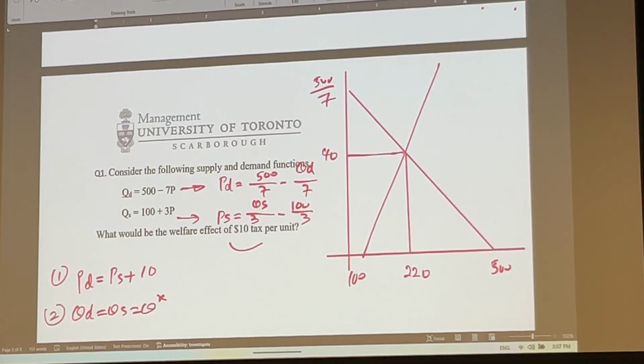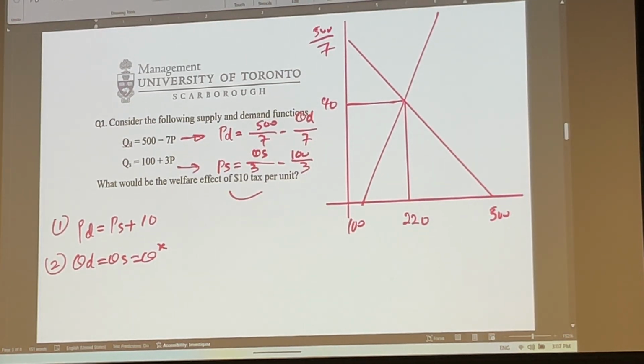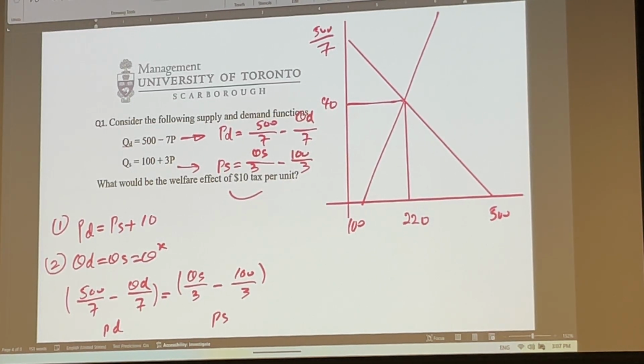So now I'm going to apply those two equations to get the post-tax equilibrium. That is PD equal to PS plus the tax.